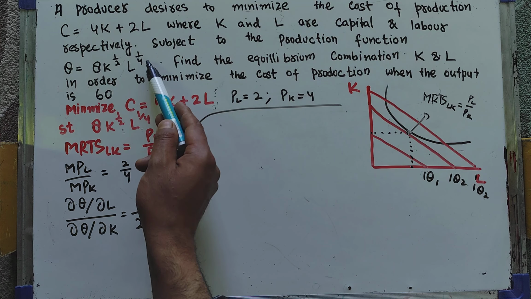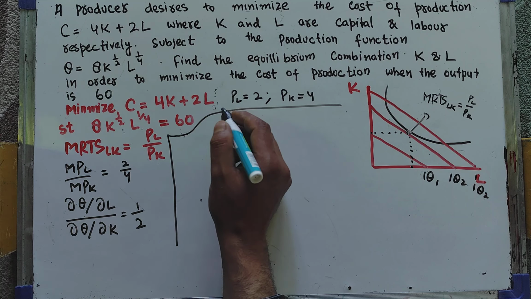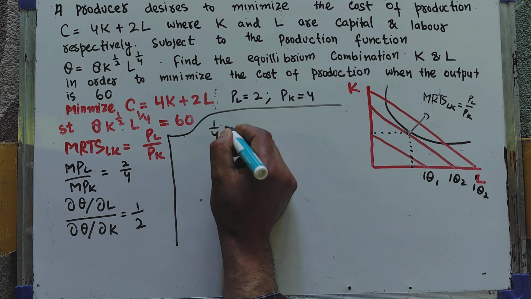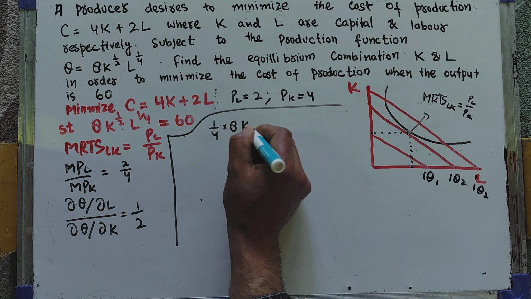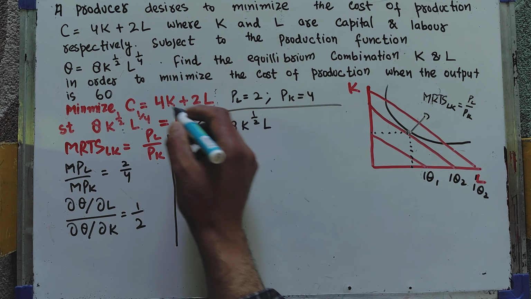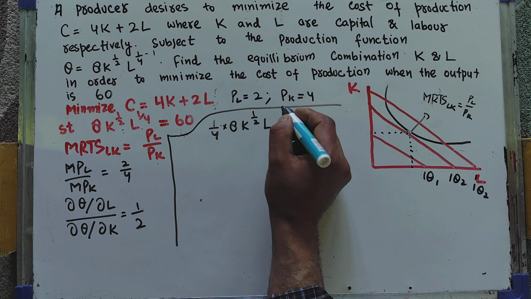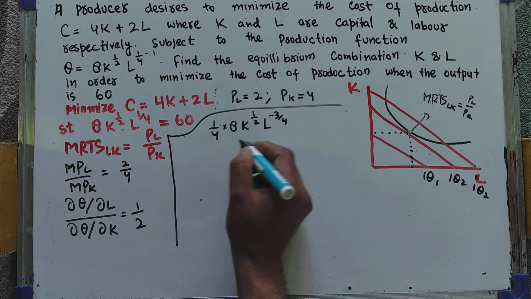The exponent of L becomes the coefficient, so we have 1 upon 4, then we have 8, then K to the power 1 upon 2. It remains the same because we are taking partials with respect to L, but the exponent of L gets subtracted, so 1 upon 4 minus 1 is minus 3 upon 4.